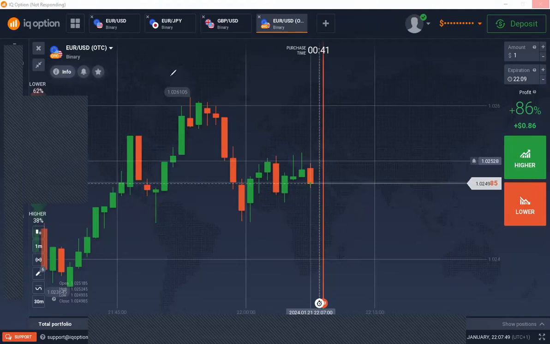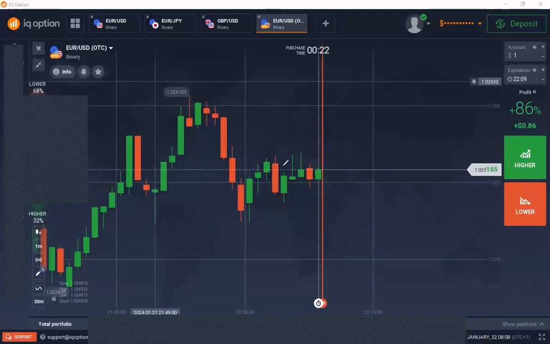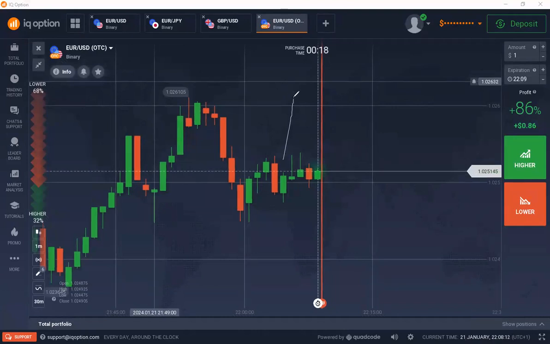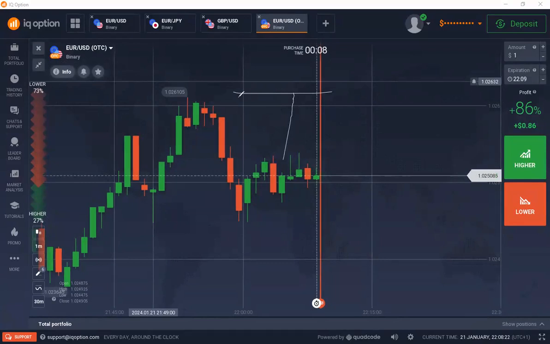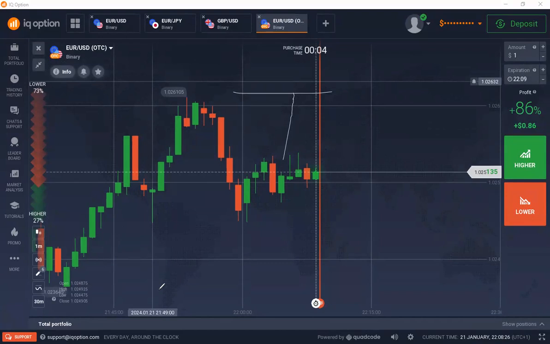If the price is approaching a certain level, the first thing you have to consider is this level, is there any level here where the price might touch and reverse? Or what's the previous trend? Is the overall trend a bullish trend, something like this?